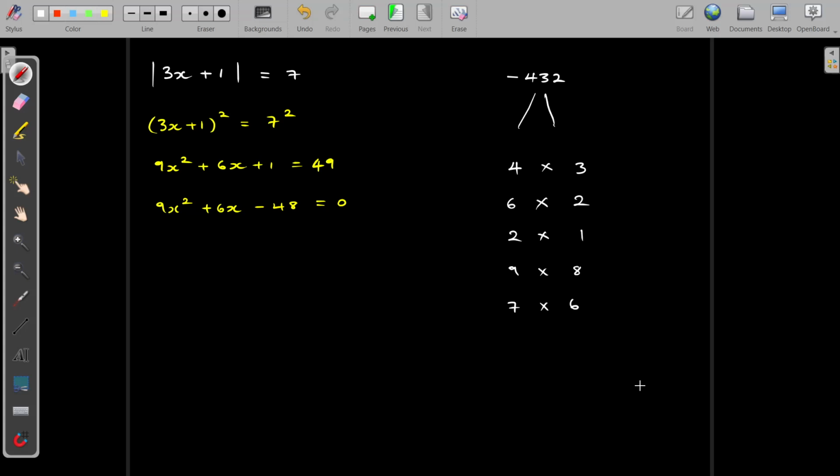So I want to get 6. Oh, and 4 and 8. So 4 and 8 would open up the possibility of 24 and 18. I think 240.